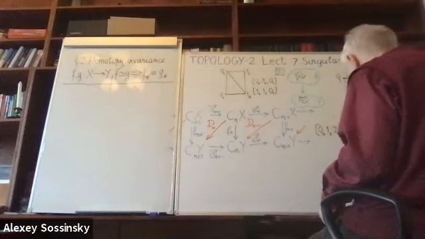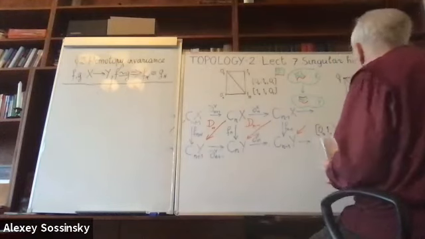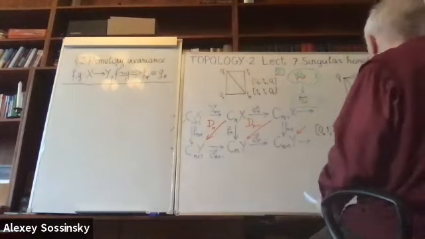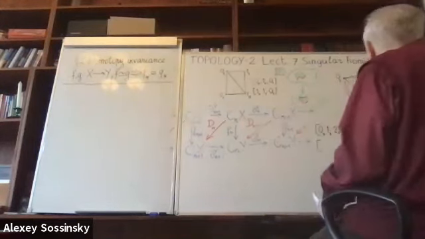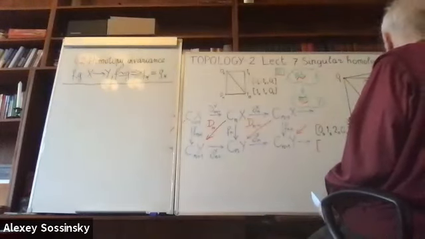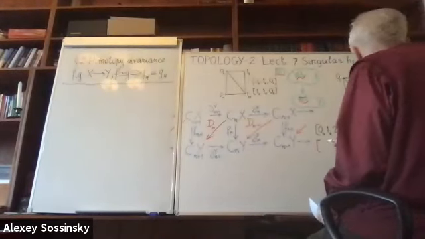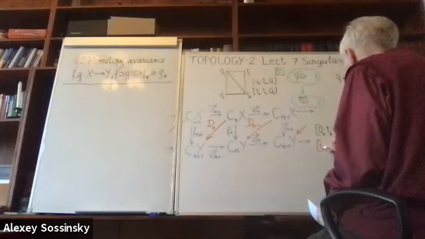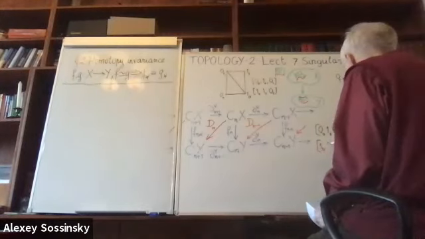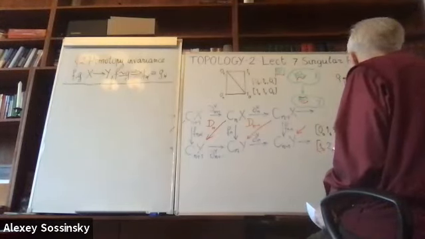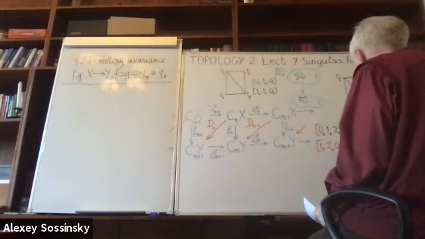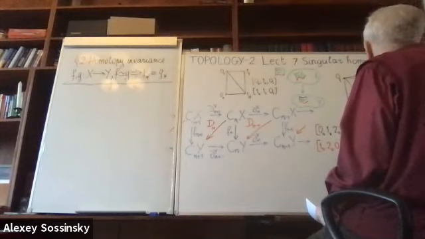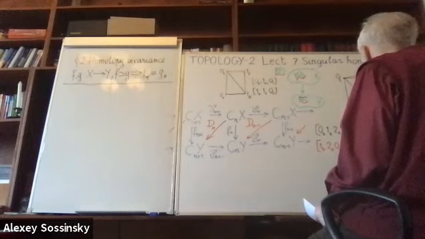Then the red simplex will read: we start here, so it's (1,0), and then (2,0), and then these two guys upstairs, they are (0,1) and (1,1).